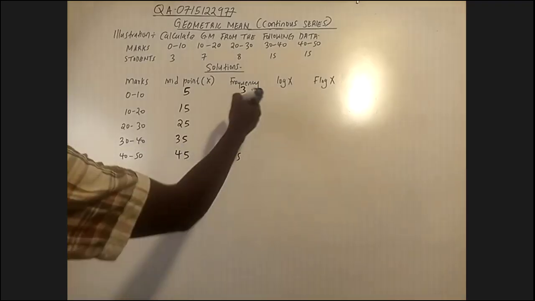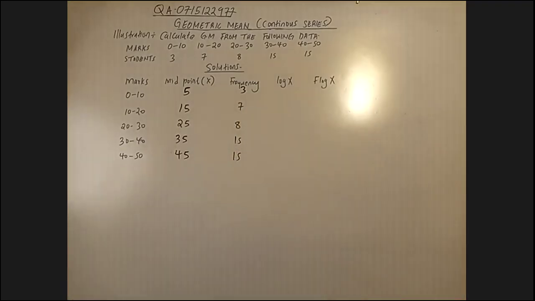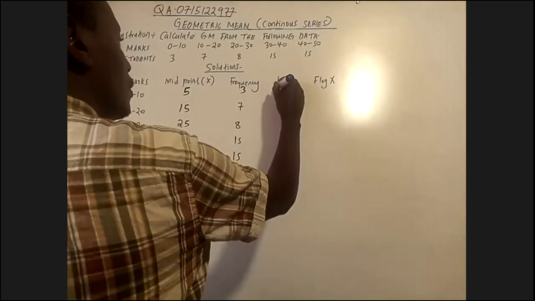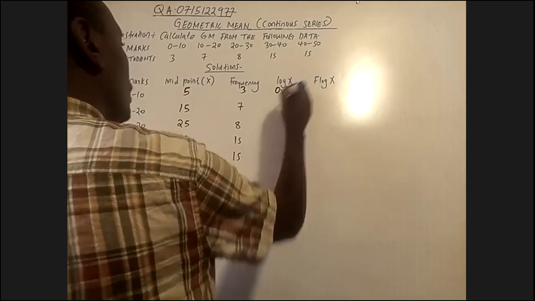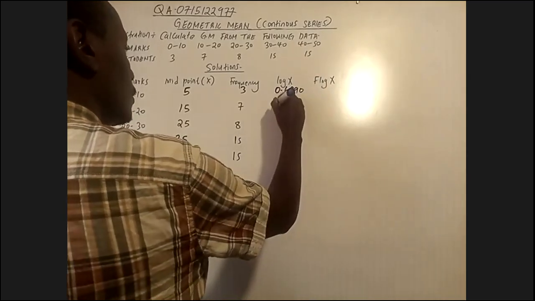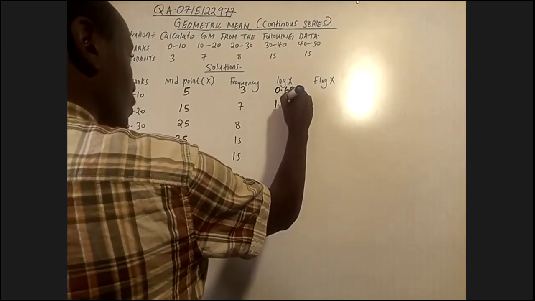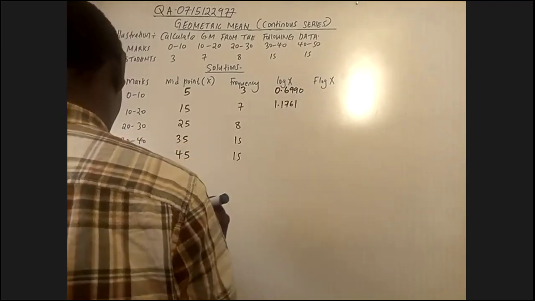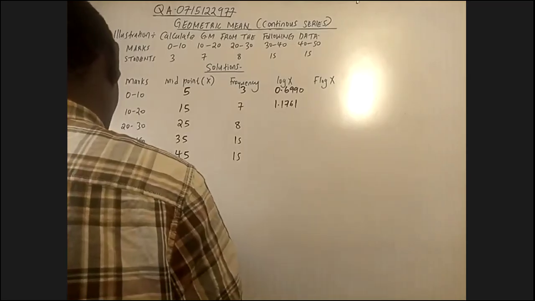Log x. The log of 5 is 0.6990. Log of 15. Log of 25.